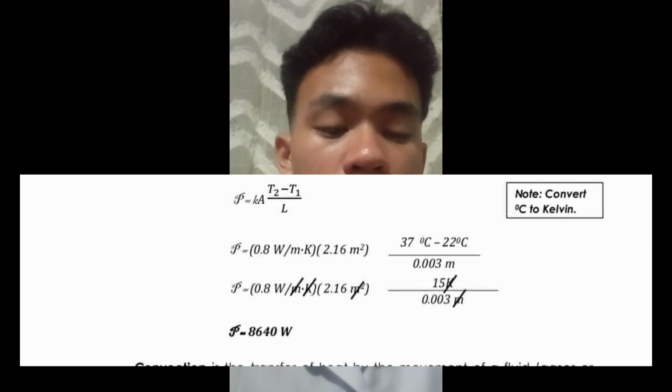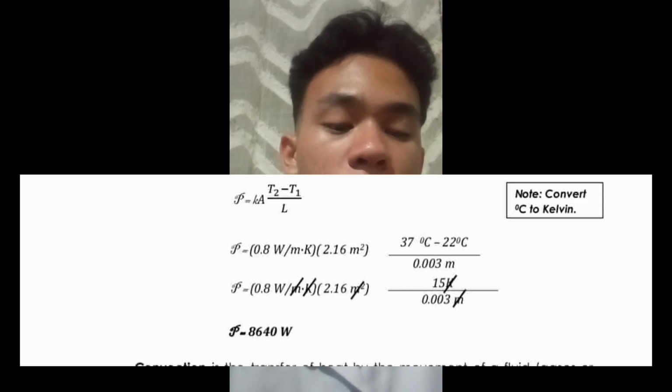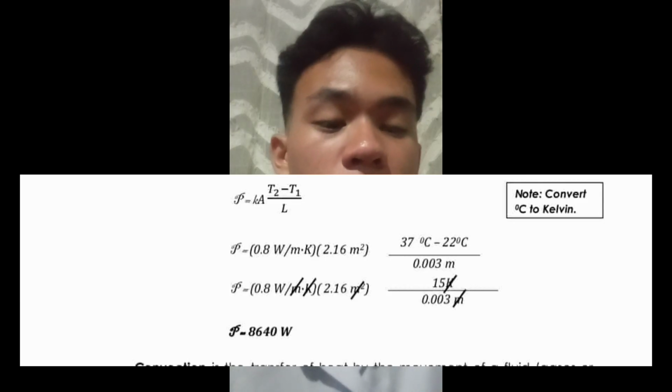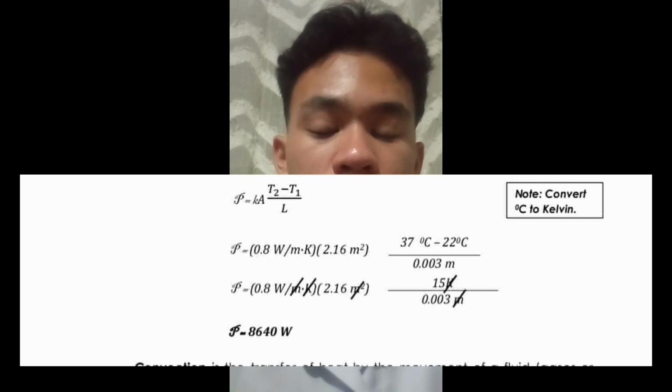So that would give us 310 K minus 295 K, whereas the 3.0 millimeters is converted to meters, and that would give us 0.003 meters.